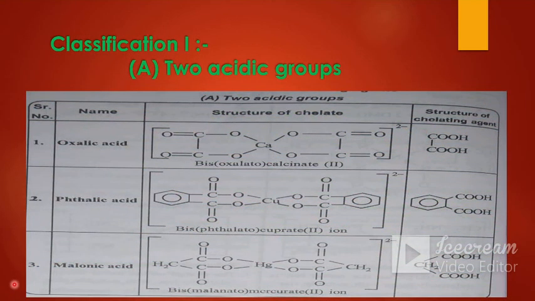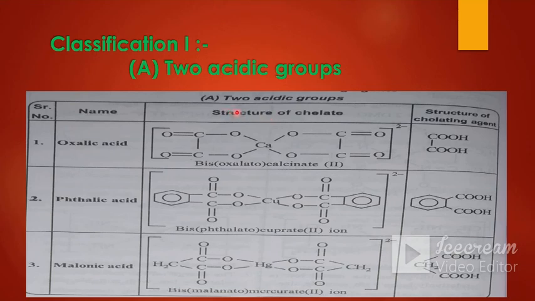Now, classification first. Subclass A: two acidic groups. In this classification, the central metal atom is attached by two acidic groups. For example, oxalic acid.